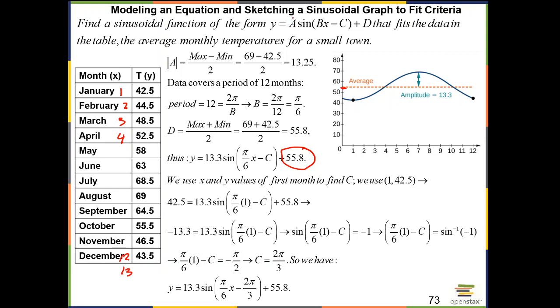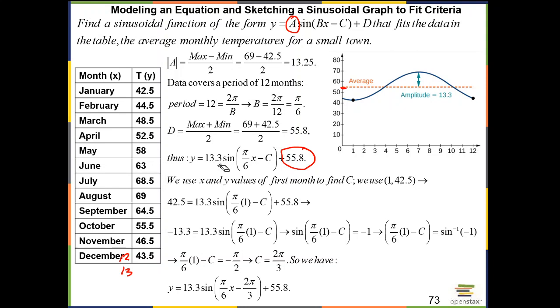Now, this A here, what is that? Well, that's the amplitude. What is the amplitude? Amplitude is the maximum minus the minimum divided by 2. So 13.25. We're going to call that 13.3. And again, we don't know what B and C are yet, but we know this has to be 13.3.